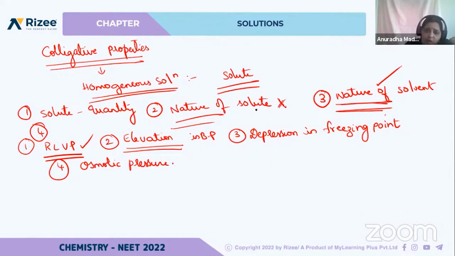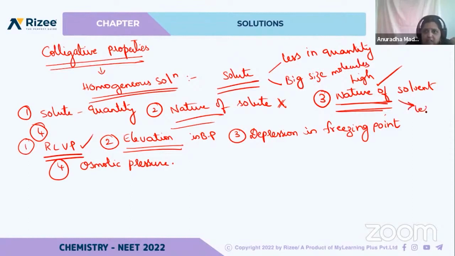Always we take the solvent in high quantity, but the solute has big size particles, big size molecules. When compared to solvent, the solvent has smaller molecules. This is the difference between nature and quantity.